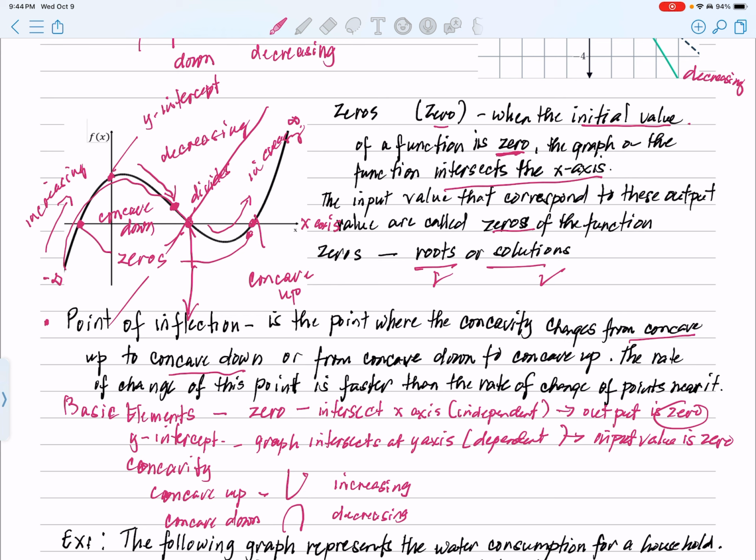Okay? So we have the zeros, we have the y-intercept, we have the x-intercept. The zeros are the x-intercepts.